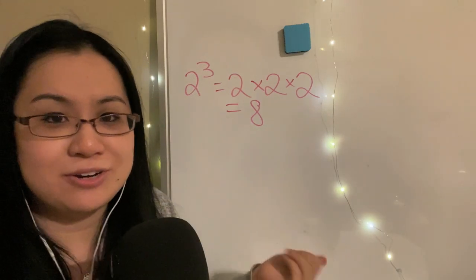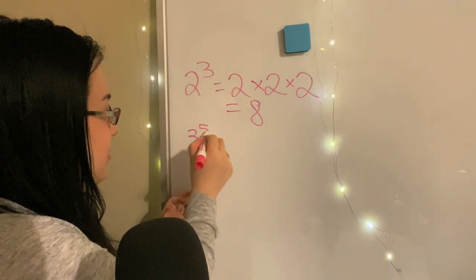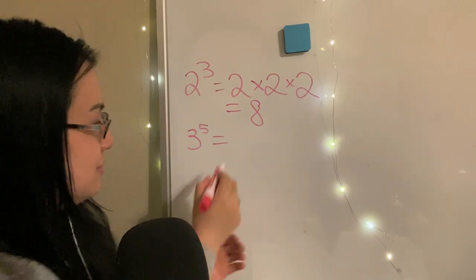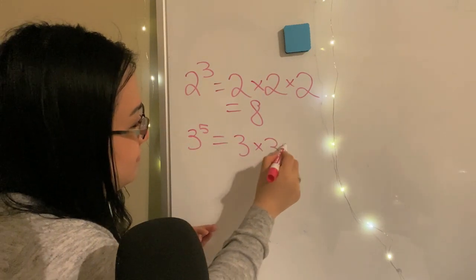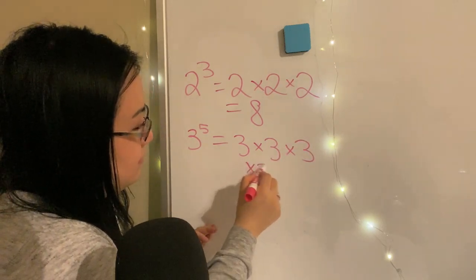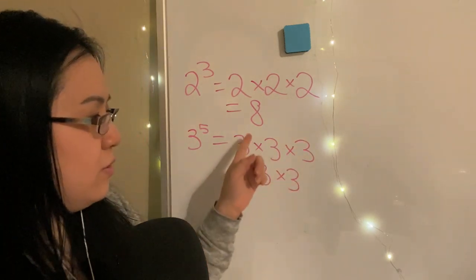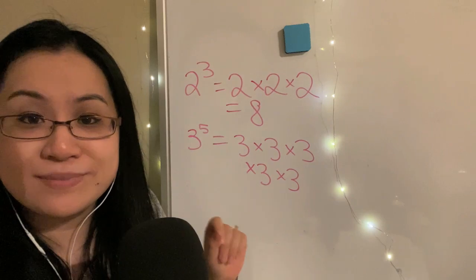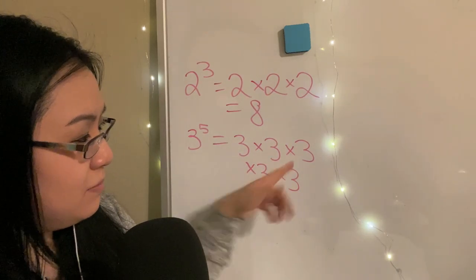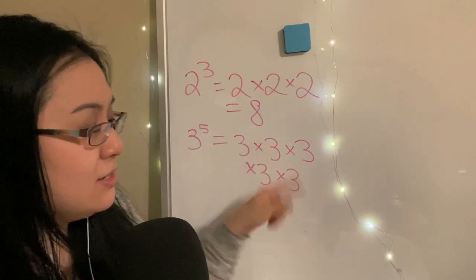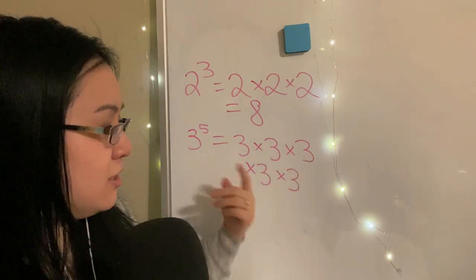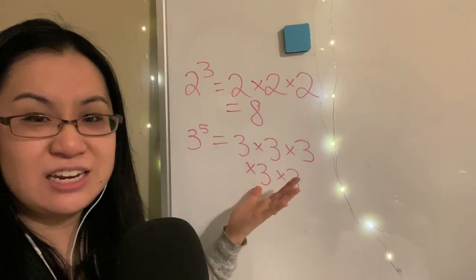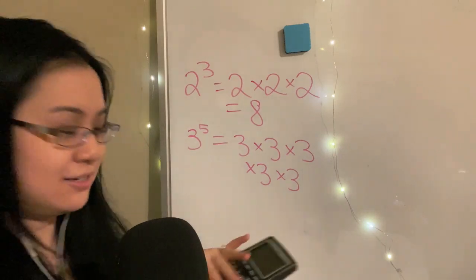But why don't we just try 3 to the 5? 3 times itself 5 times. 1, 2, 3, 4, 5. And we can just do this one at a time. 3 times 3 is 9, times 3 is 27, times 3 is something something, times 3 is something something. I think it's 81.